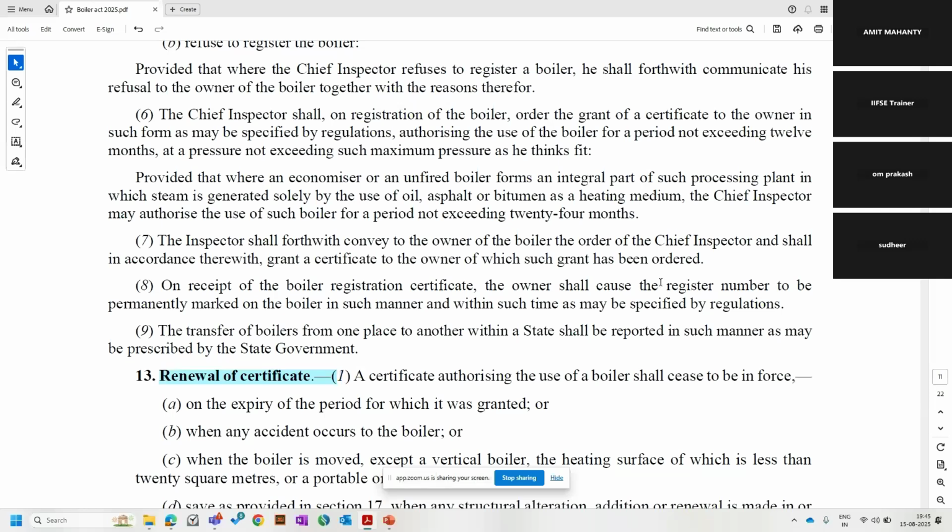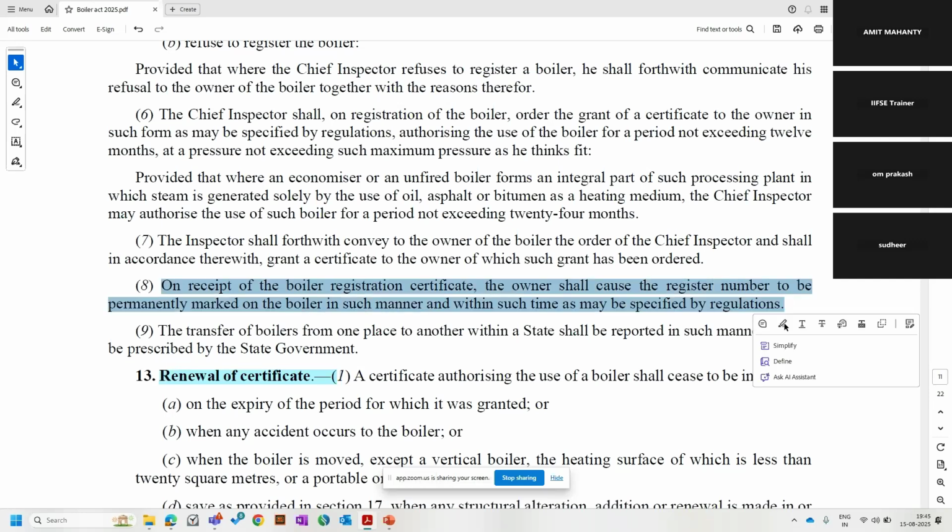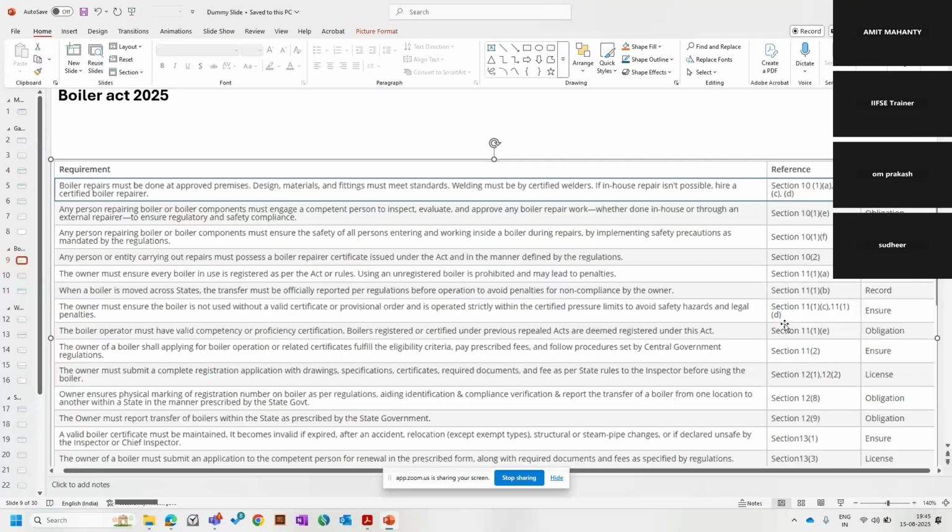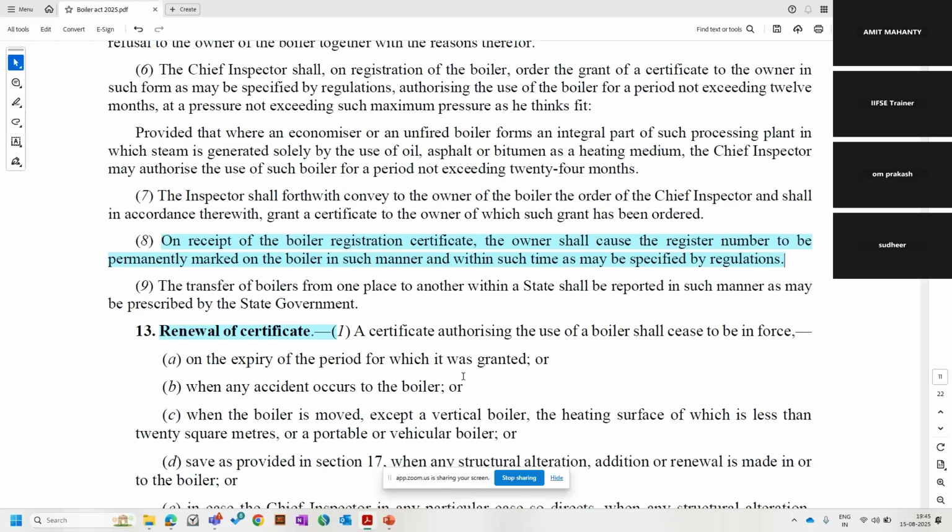Once you have the registration number, it has to be permanently marked on the boiler. Okay. Then the owner must report a transfer of boilers within the state as prescribed by the state government, which is 12(9).